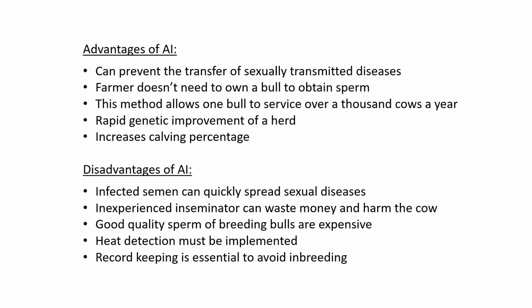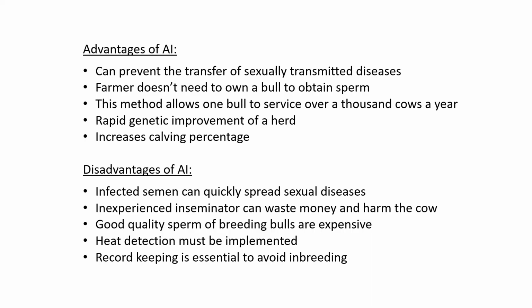Then also heat detection, meaning when the cow goes into heat, must be implemented. Otherwise, again, you're inseminating the cow at the wrong time of the month, and then it's just a waste of time. And lastly, record keeping is also essential to avoid inbreeding. So records must be kept to see what bull's sperm was actually used to inseminate which cow.